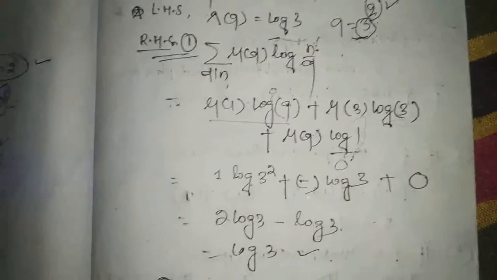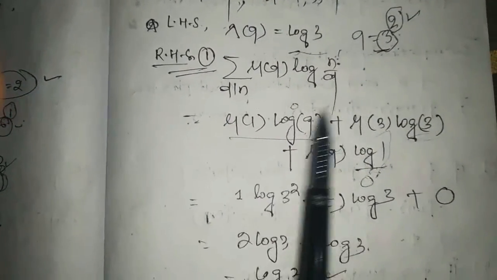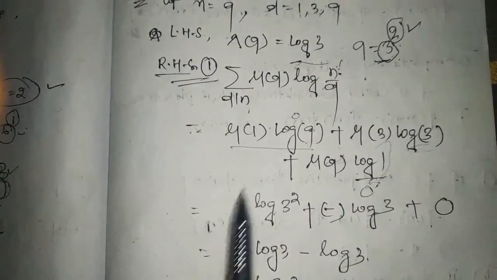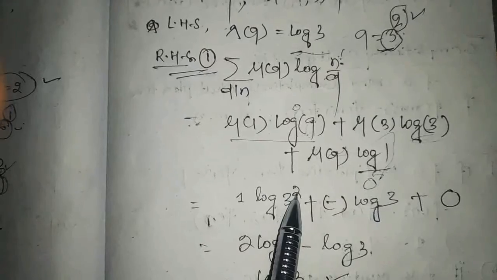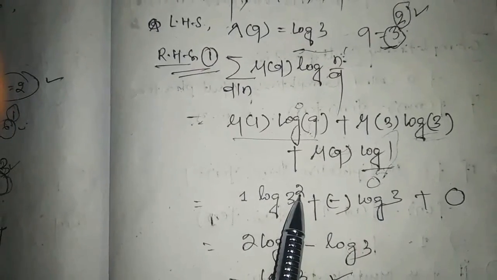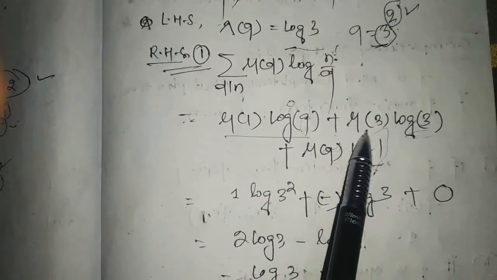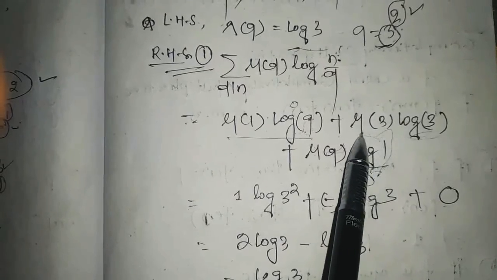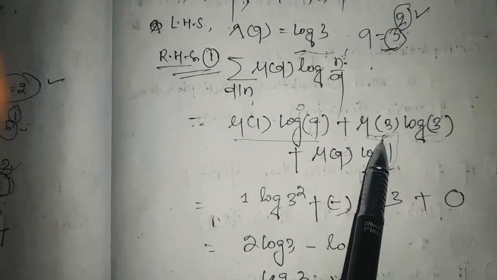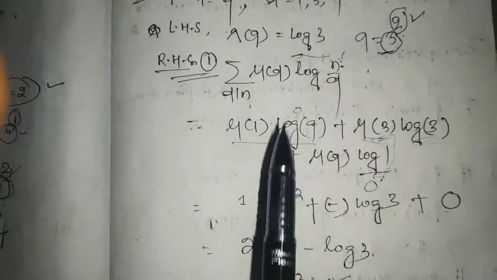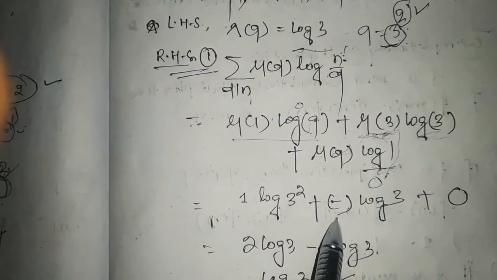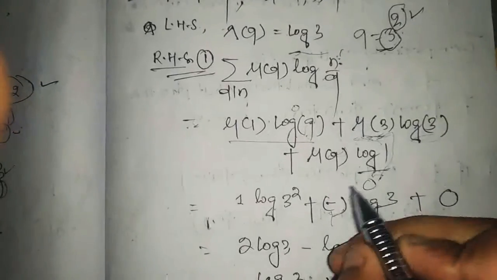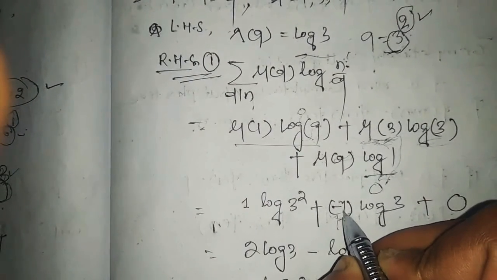Here first one is mu 1 is 1, and log 9 will be log 3 to the power 2. And here mu 3 is, it is the Mobius function. This function we discussed earlier in our previous video, and this gives minus 1.